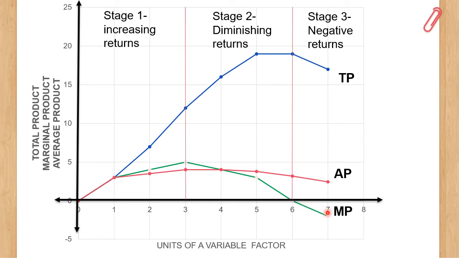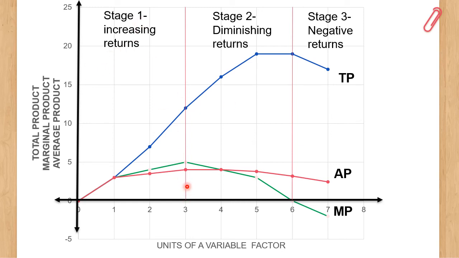So that negative 2 is plotted here, and this part is the negative part of the marginal product curve. When total product starts decreasing from 19 to 17, the marginal product becomes negative, and so it's called the stage of negative returns.